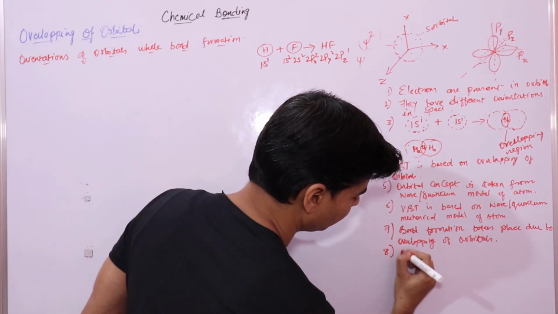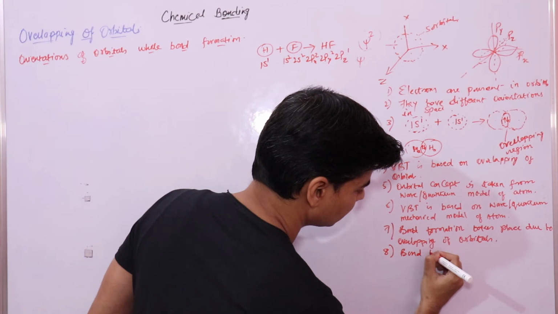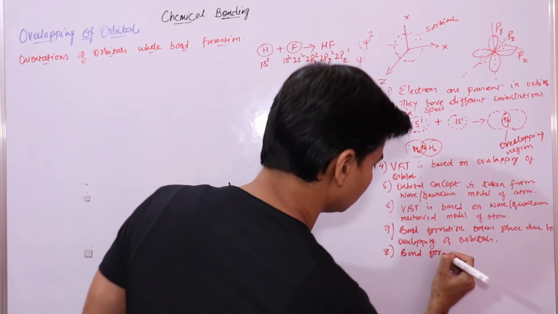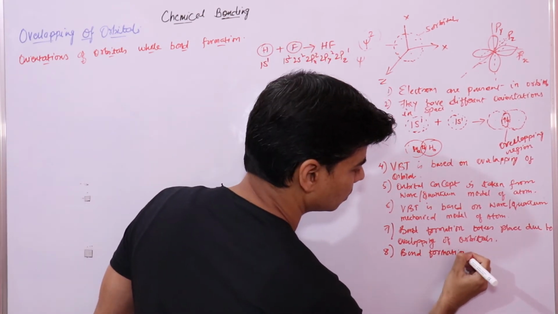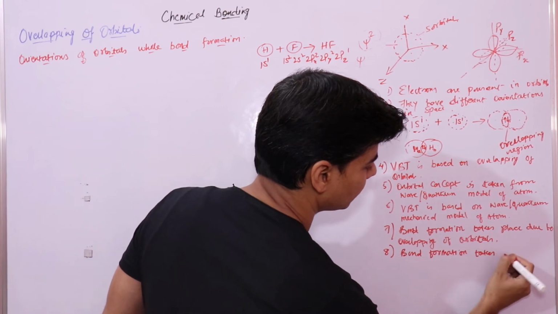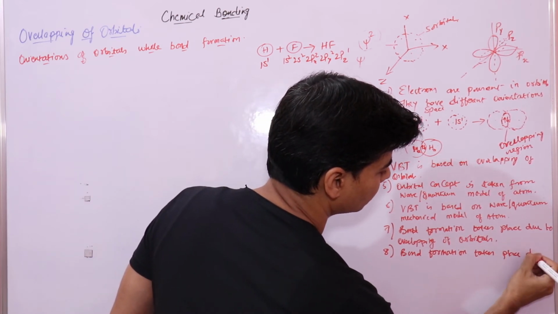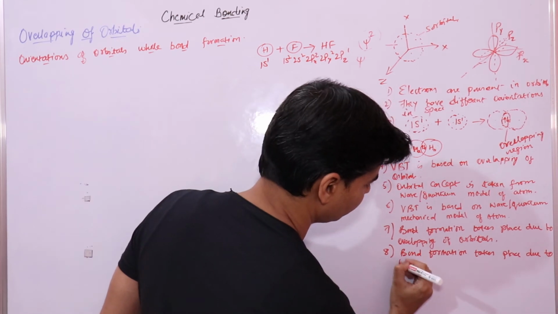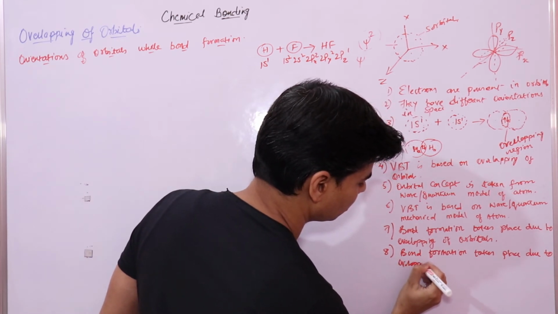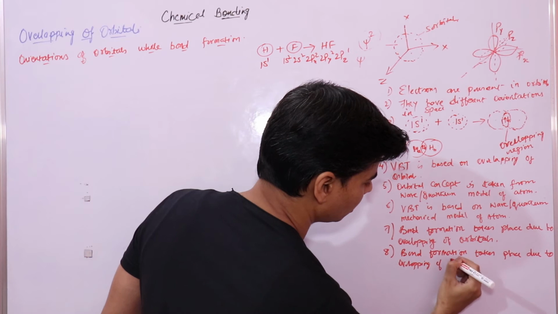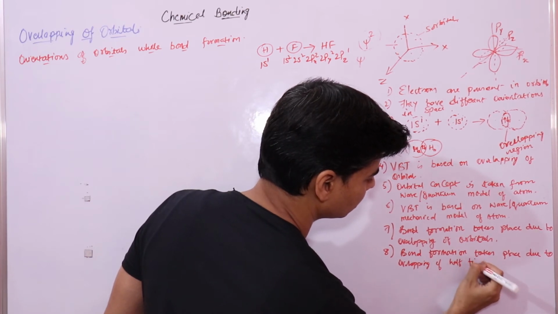So bond formation takes place due to overlapping of half-filled orbitals.